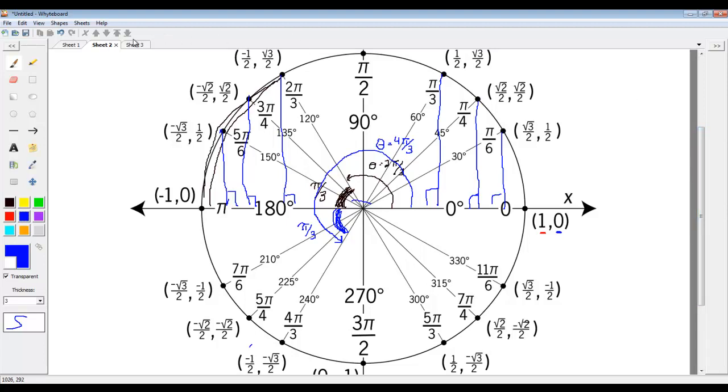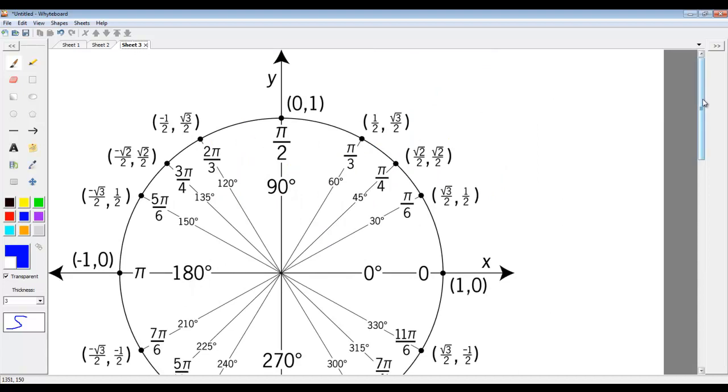Okay, if we look at this a little more closely, we can make a few interesting discoveries here about our domains of the circular functions. First look at sine, talking about domain.